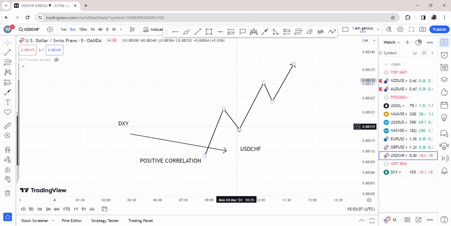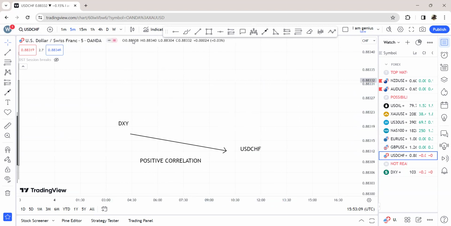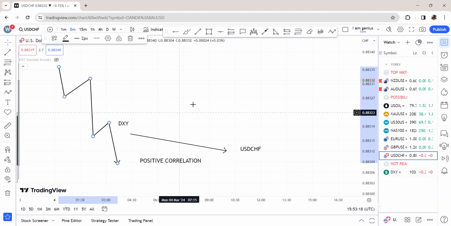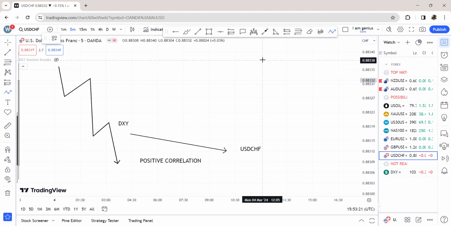So let me remove that. If we had downtrends for this, a downtrend like that, then here we also had, what type of trend was going to exist here?